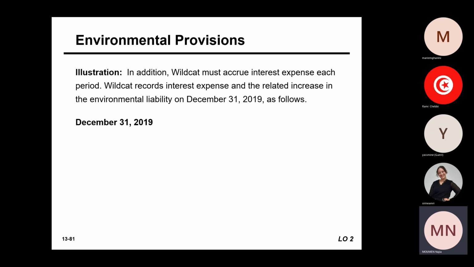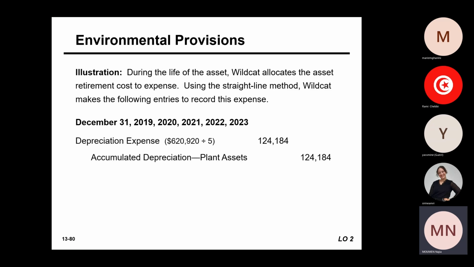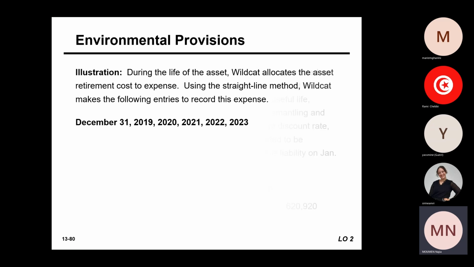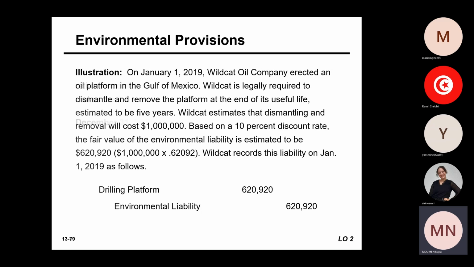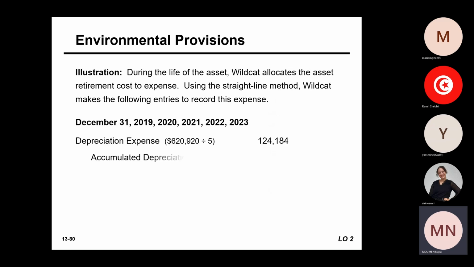Because here we are taking into consideration the time value of money, because the present value, that is 620, is different from the face value, the 1 million, which will be the cost of removal after 5 years. So we should record interest expense every year to increase the present value of this environmental liability until it meets the 1 million of its cost after 5 years of using that platform, okay?